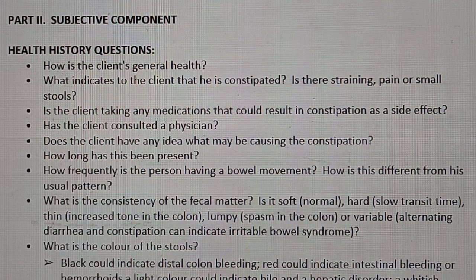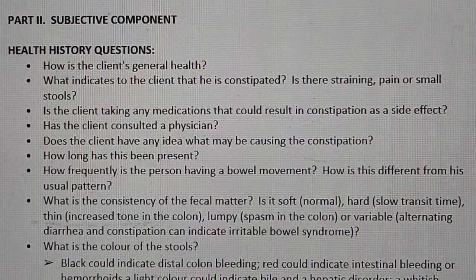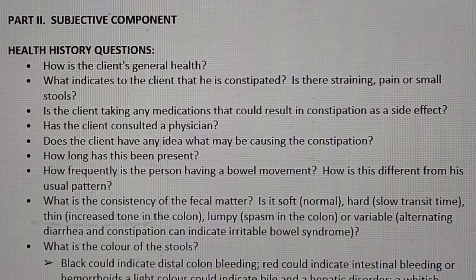Okay, how is this different from his usual pattern? If he goes for a bowel movement twice or thrice a day, or a normal bowel movement, then how is it different when he's having this problem, constipation, from his normal pattern? Now, what is the consistency of the fecal matter? You're going to ask the client the appearance of the feces.